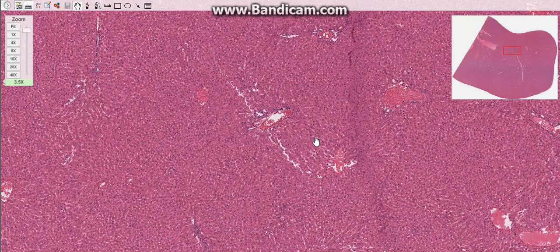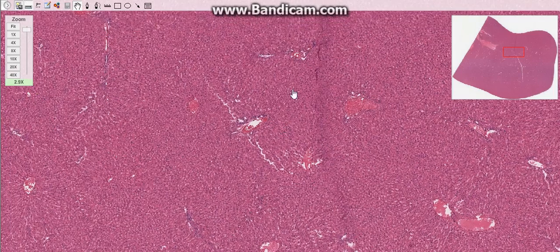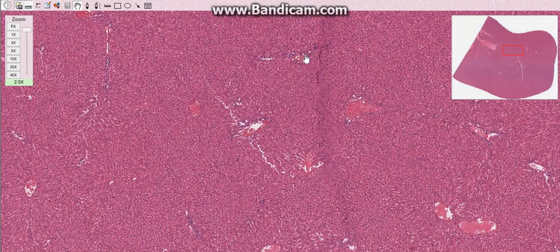And also there is the hepatic acinus. The hepatic acinus is situated in the adjacent areas of two hepatic lobules. The terminal branches of the portal vein and the arterial branches and the bile ductule are in the center of the hepatic acinus, as you can see here in front of us. The blood flow is directed from the center to the periphery, and bile from the periphery to the center.